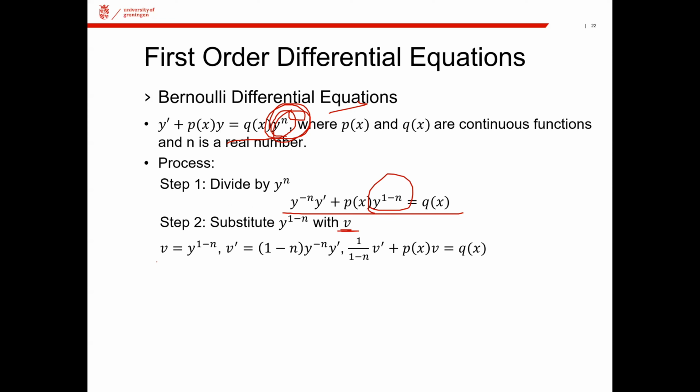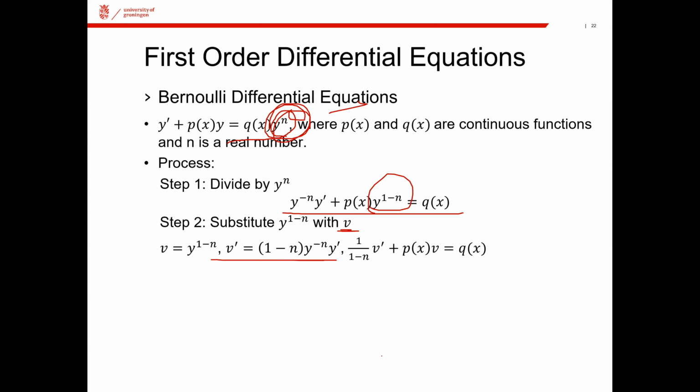And the derivative of v will be 1 minus n times y to the power of minus n times y prime. I assume you all know how to calculate the derivative, so I will skip explaining it.